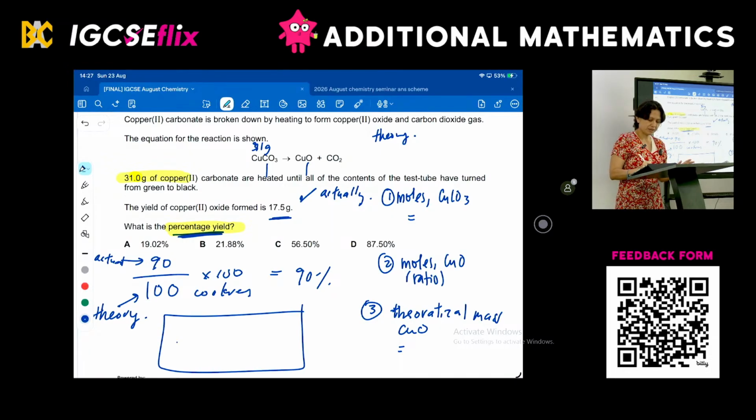That means I only got 17.5. How much am I supposed to get? You're supposed to calculate here, times 100. You do that first. Try that first.